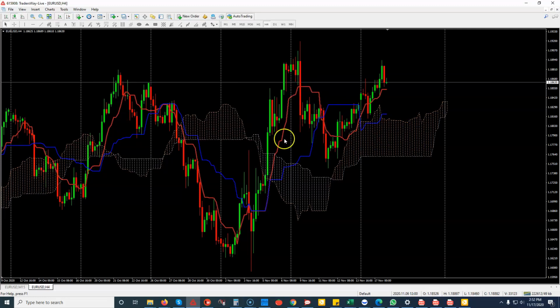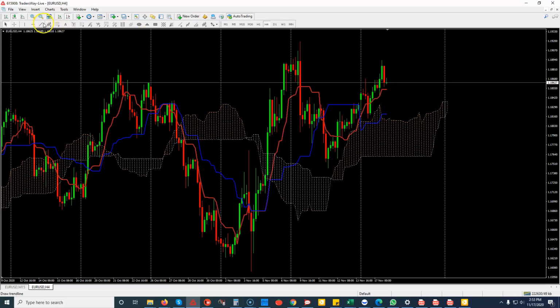So when the red line crosses the blue, that's when we can take action on our trades. So you can start to see trends and get in and out of trades based on the trends that you see.